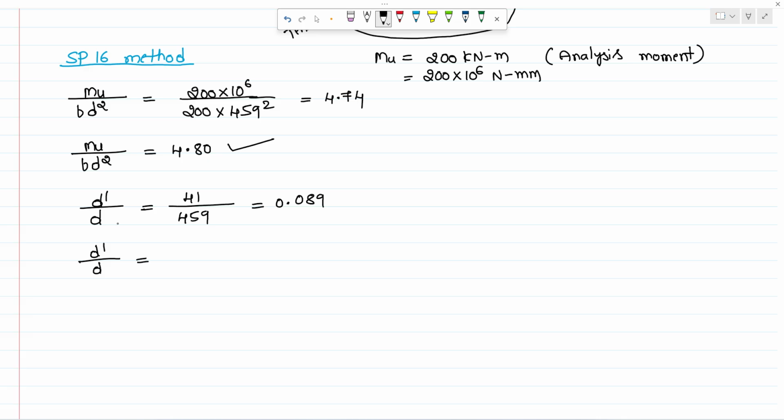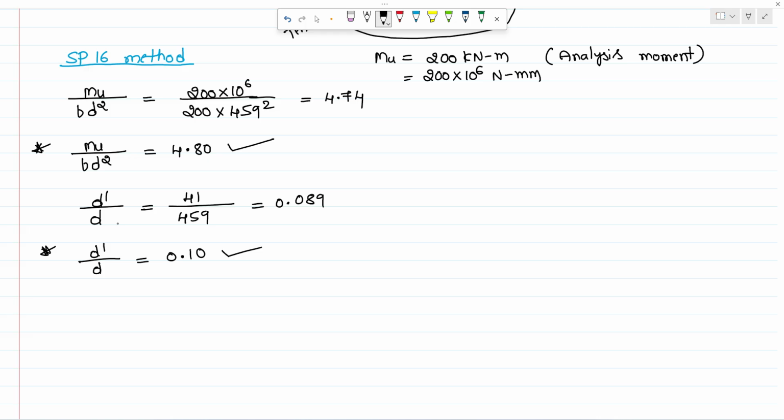I will round off this value to the higher value, so the higher value is 0.10. These two I am referring: Mu by BD square value 4.80, and D dash by D value 0.10.